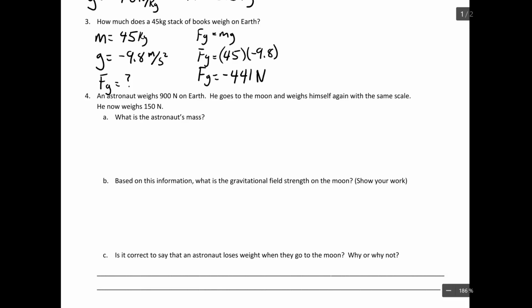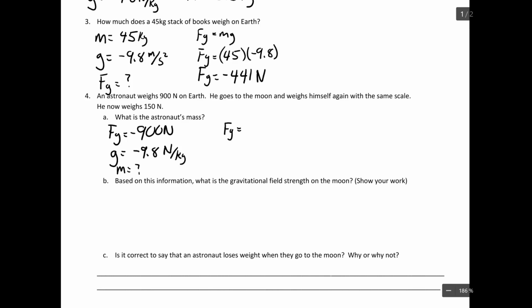So an astronaut weighs 900 newtons on Earth. Fg is equal to 900 newtons acting downward. Technically, it's negative. And that's enough information to find the mass. We don't have to worry about what he weighs on the moon, because we know that g is equal to negative 9.8. We could think newtons per kilogram, meters per second squared. So we're looking for the mass.